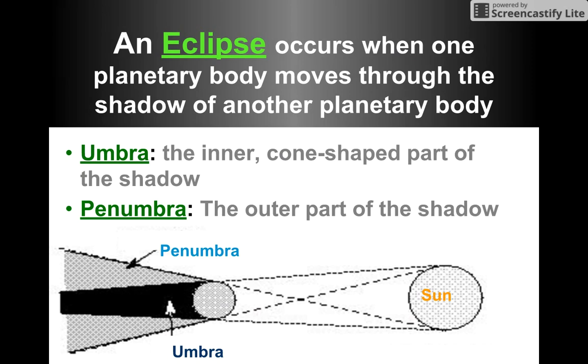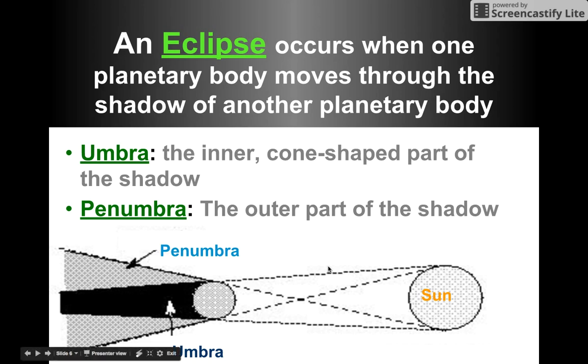An eclipse. We have a very important solar eclipse coming up yet this year in the United States. Pay attention in class, and I'm sure we'll discuss this. An eclipse occurs when one planetary body moves through the shadow of another planetary body. Here's the sun, sending all of the light towards the Earth.